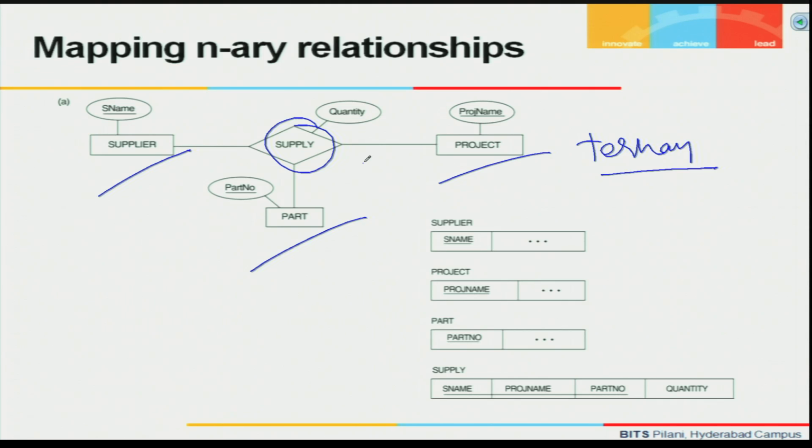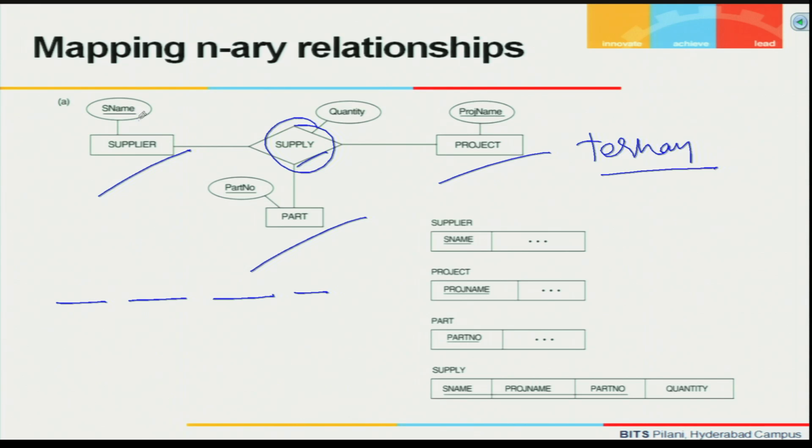I also have a specific attribute associated with the relationship supply, and this relationship is to capture which supplier has supplied what part to which project and what is the quantity. That is the information that is going to be captured in this relationship.